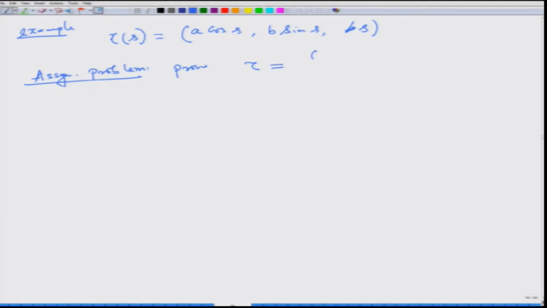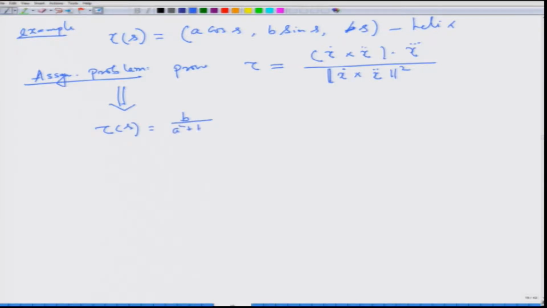Torsion is equal to [γ', γ'', γ'''] divided by |γ' × γ''|². Count the number of dots, important. This is a formula for torsion. So, this formula will give us for this particular curve, this helix, τ(s) is b by (a² + b²).